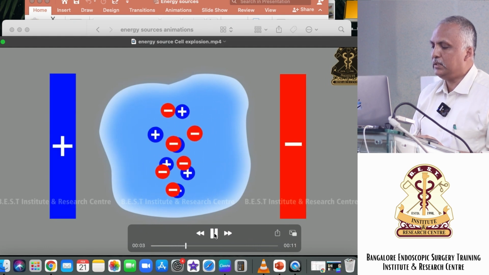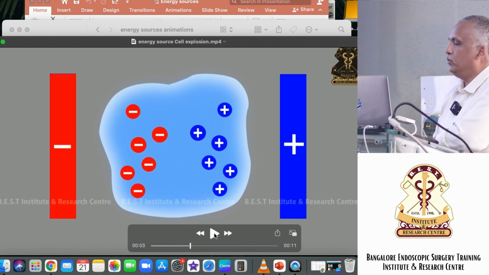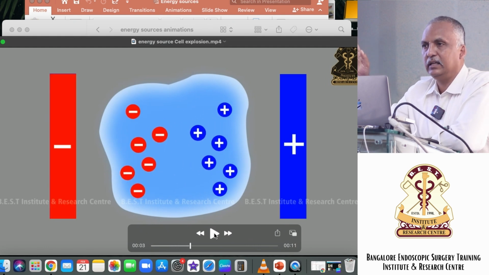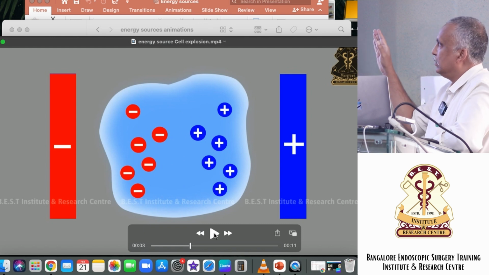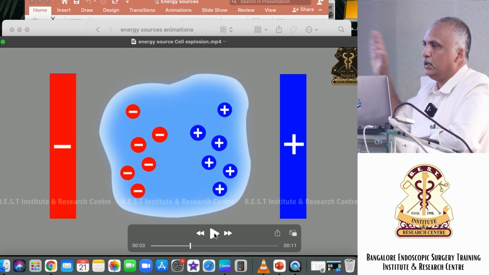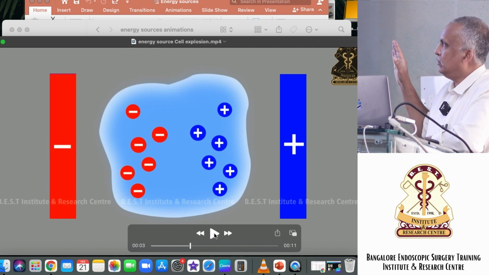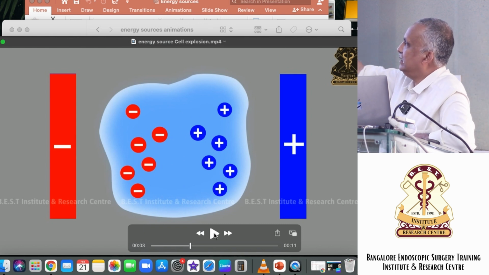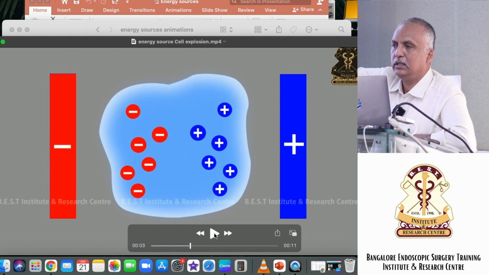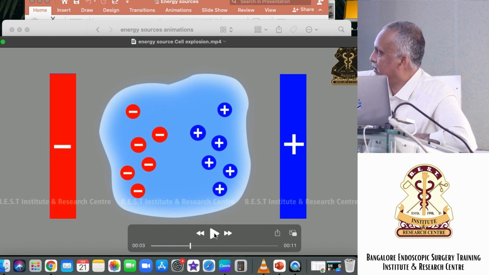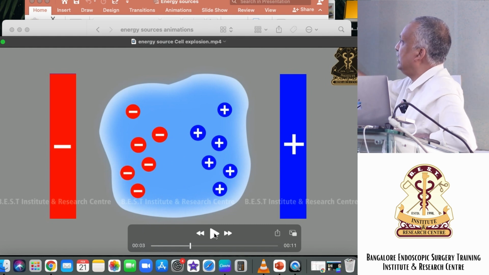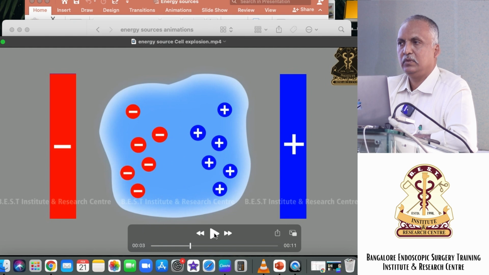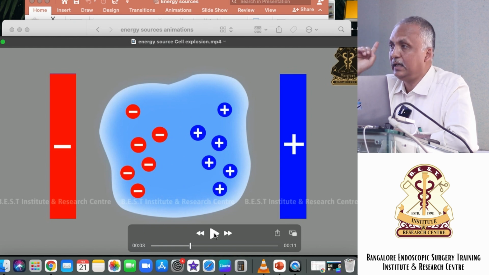Now what happens when you apply alternating current? The electricity keeps going, coming, going, coming. At one point of time there is an anode here and a cathode there, and the very next moment the cathode has come here and the anode has moved to that side. When anode and cathode move, anions and cations move.